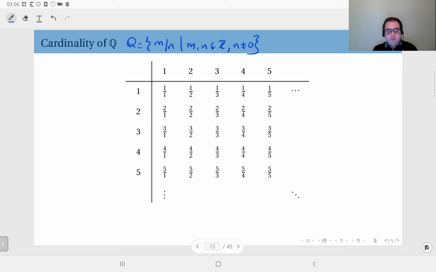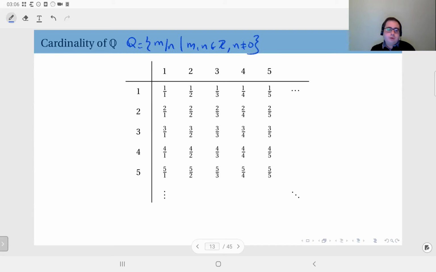Well, here in this picture we only have positive rational numbers, but we have just seen that if you double it, if you just make a copy of each element, that's going to be the case here. If you have 1, you will have -1. If you have 1 over 2, you will have negative 1 over 2. If you have 2 over 5, you will have negative 2 over 5.